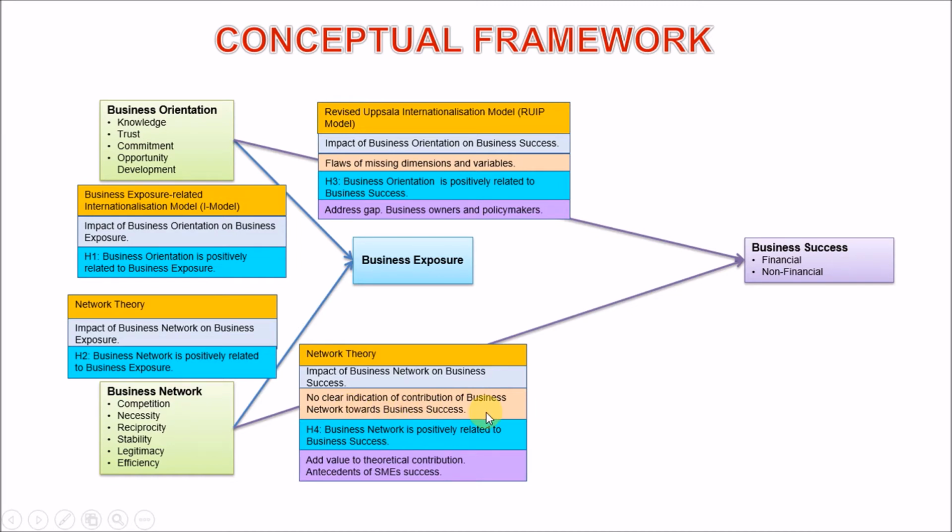Yes, this is a real gap. To encounter this gap, at the bottom we can say that it adds value to theoretical contribution, of course, and antecedents of SMEs' success. So H4, we can form like this: business network is positively related to business success.